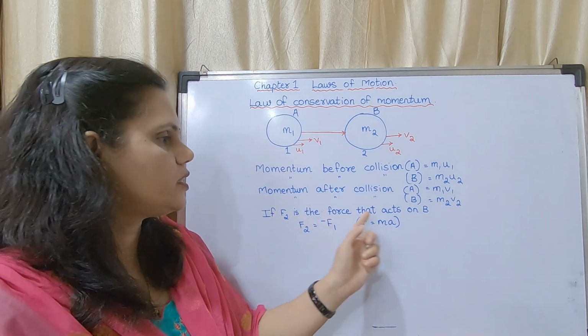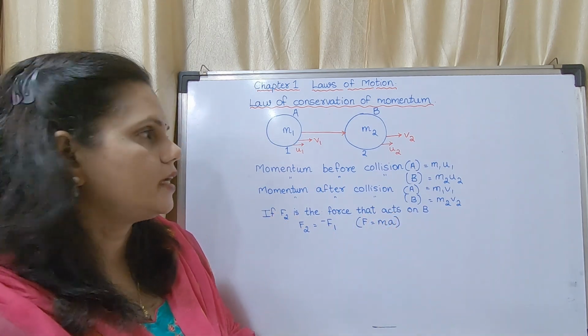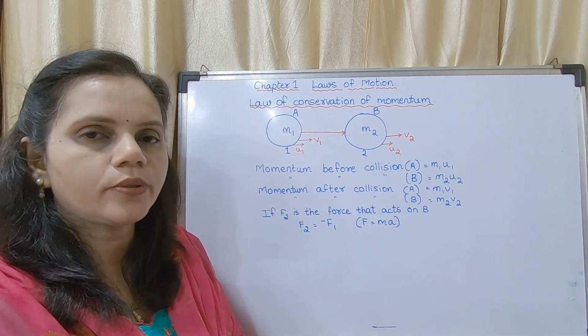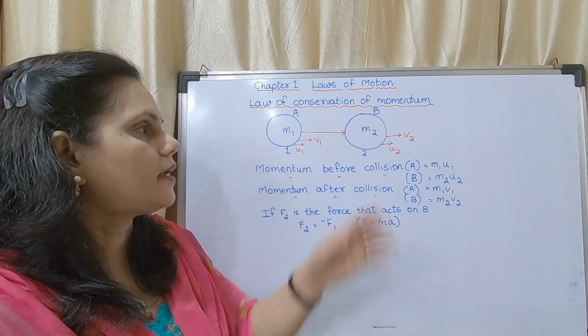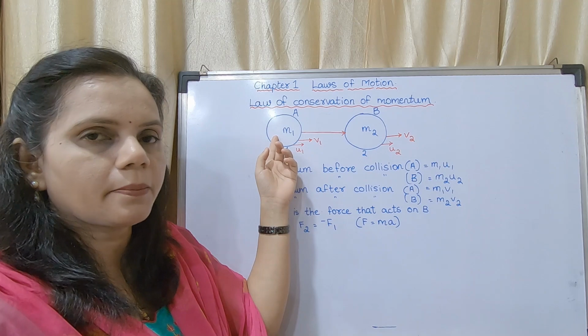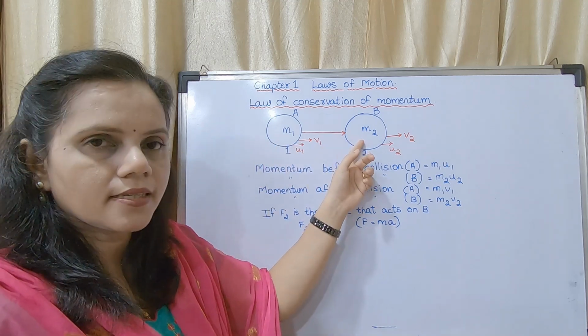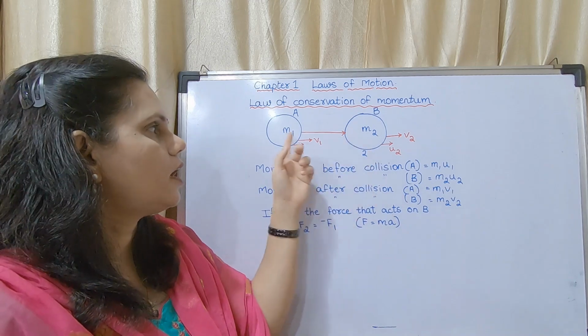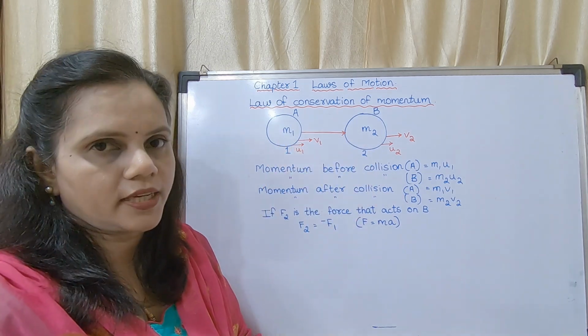Now if F2 is the force that acts on B, the force with which A is colliding on B, what force will A experience? Whenever a force is applied by this on this, the same amount of force is applied by this on this in the opposite direction.